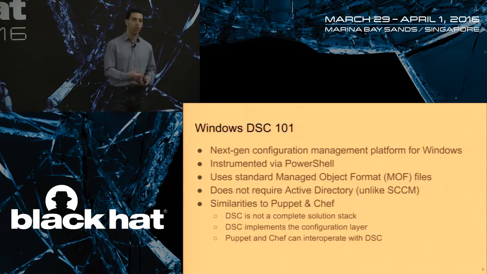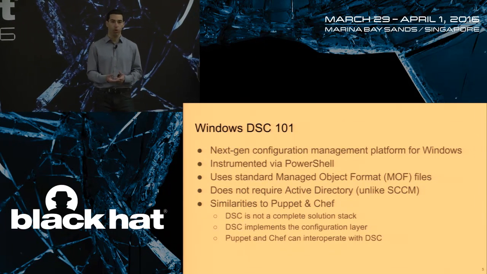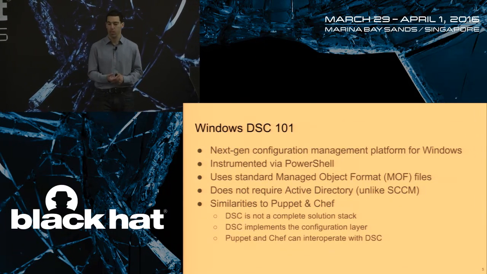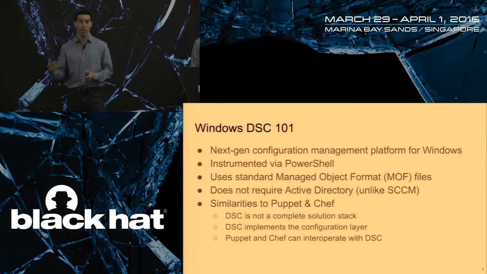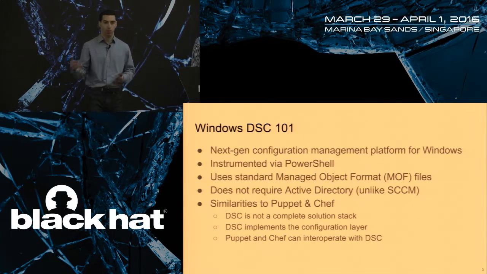It has a few distinctions from the other technologies you've probably seen to manage Windows systems. For example, unlike SCCM or group policy, you need not be on an Active Directory domain to manage systems with DSC. Part of the design consideration was to have a next-gen technology that was agnostic of domain environments, agnostic of being on the traditional legacy corporate network, to configure systems at scale.